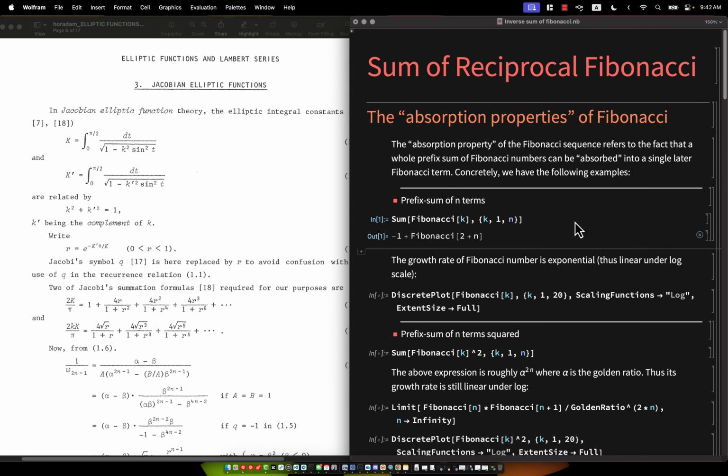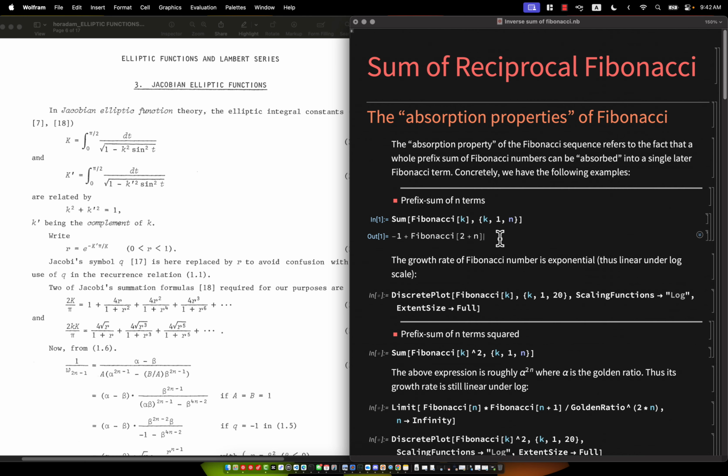The Fibonacci sequence has a really nice property, which I call the absorption property. If you want to sum up k terms, for k from 1 to n, you don't have to compute the sum one by one, because this absorption property tells you that the sum looks like a part of the sequence.